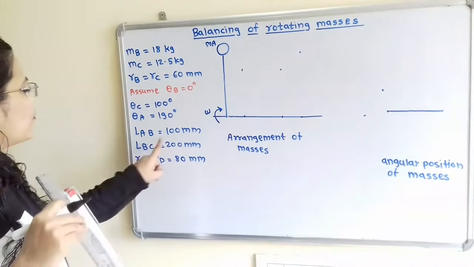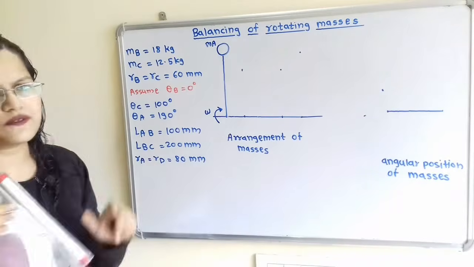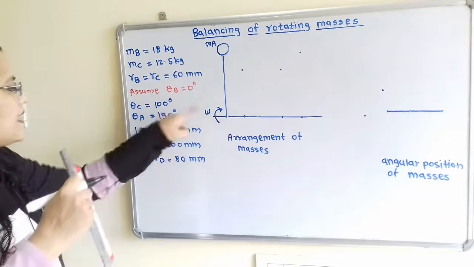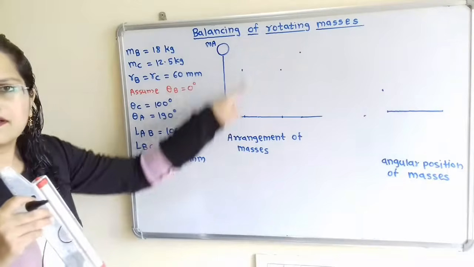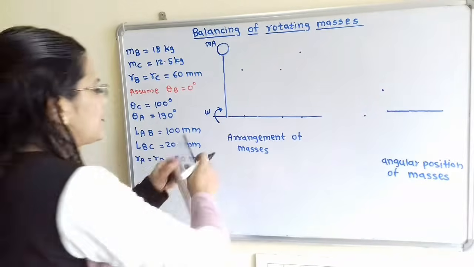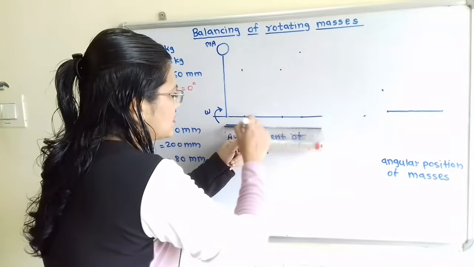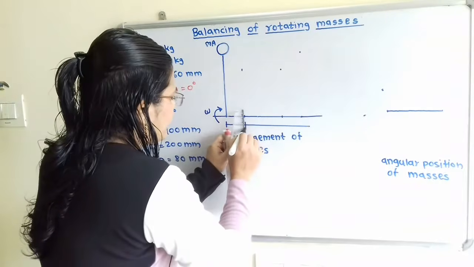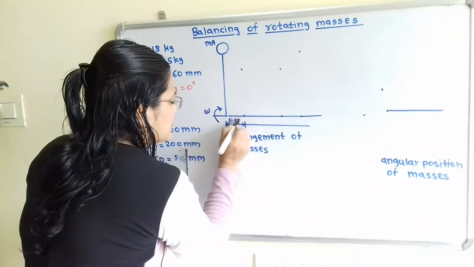Now we will move to the next, that is MB. So MB is 18 kg. So this mass is mentioned, and from this A, plane B, that is placed for 0.1 meter or 100 mm. So we will consider here some horizontal distance and we will show this as a 0.1 meter.